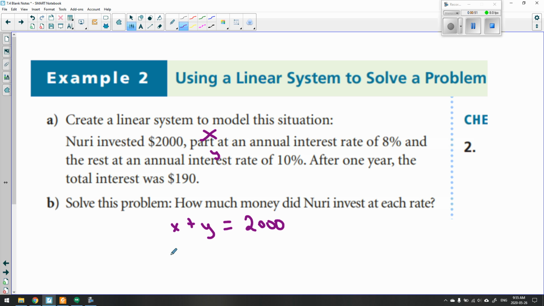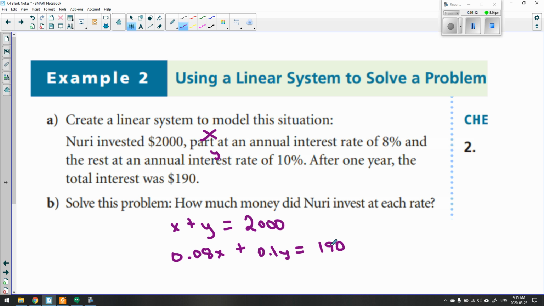We also know that the interest earned on the X part plus the interest earned on the Y part equals 190. So now we can solve by substitution.